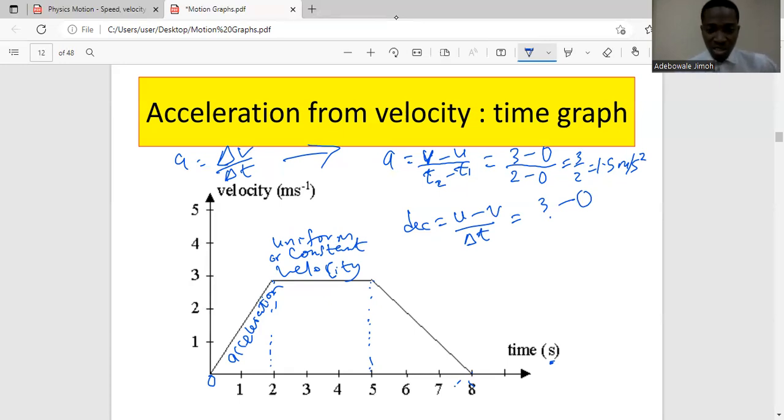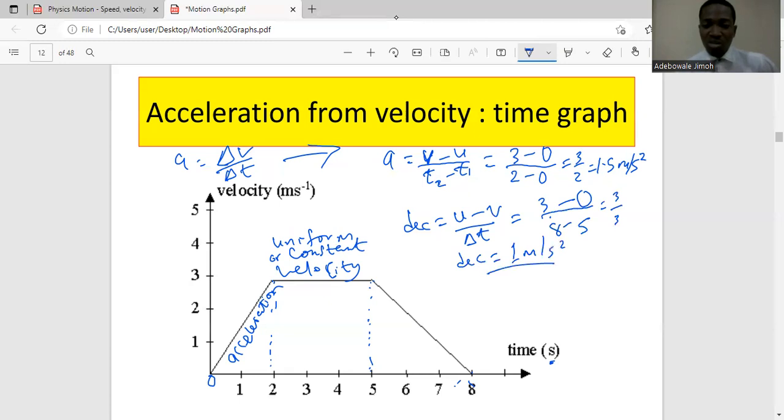So you cannot say initial time minus final time. Change in time must always be positive. So we do 8 minus 5. 3 minus 0 gives us 3, and 8 minus 5 gives us 3. So that means our deceleration is 1 meter per second squared.